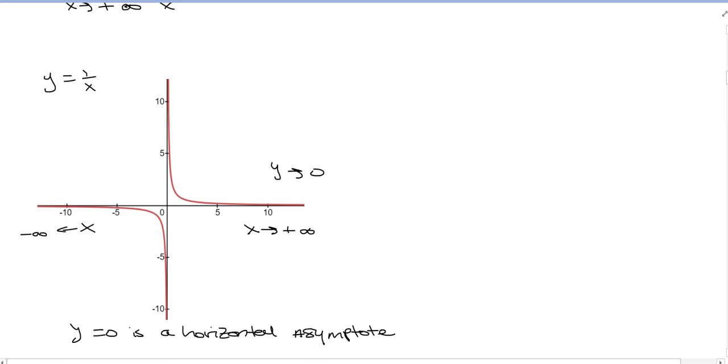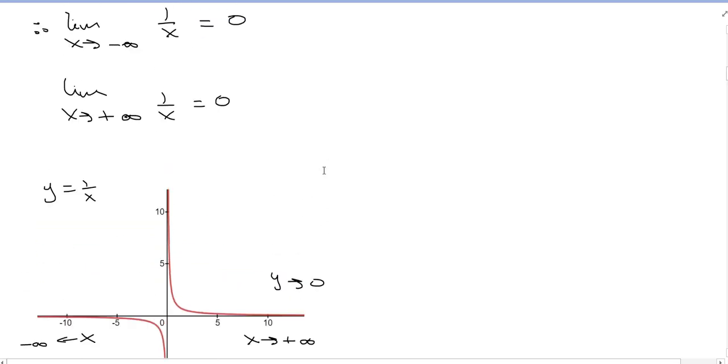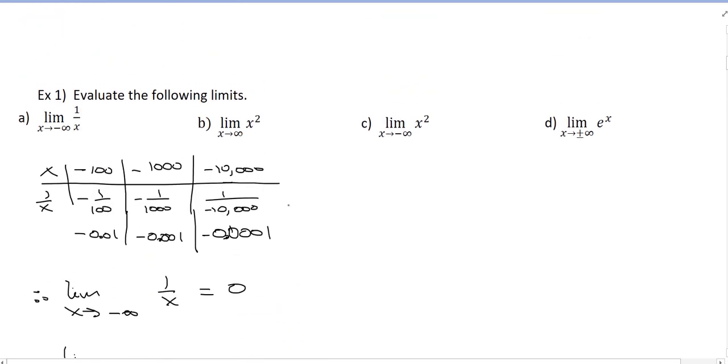So oftentimes you may be asked, determine if a function has horizontal asymptotes. That means find the limit as x goes to positive infinity and as x goes towards negative infinity. What happens for y equals x squared? So I have the limit as x goes to infinity and negative infinity of our function x squared.